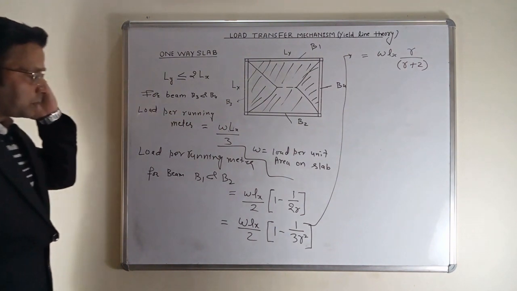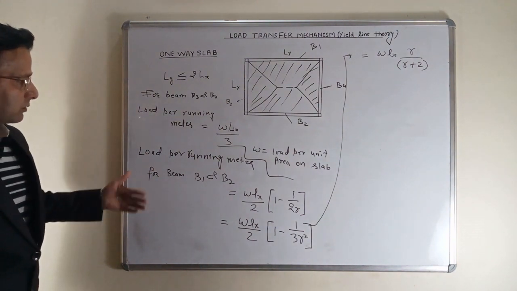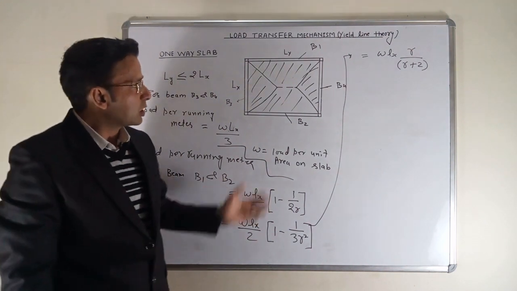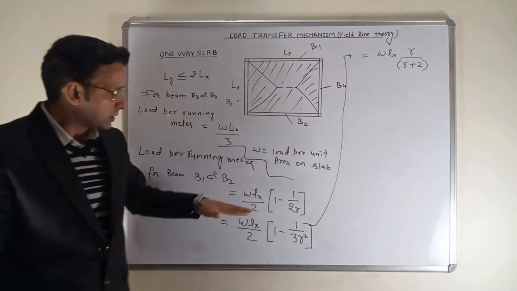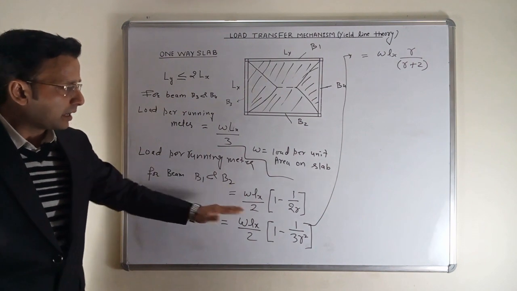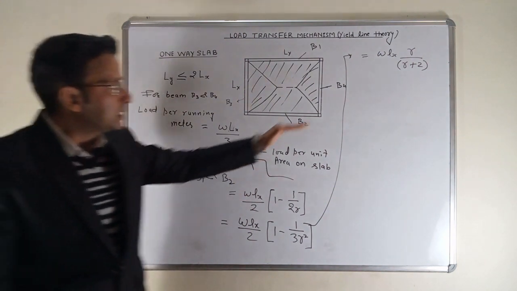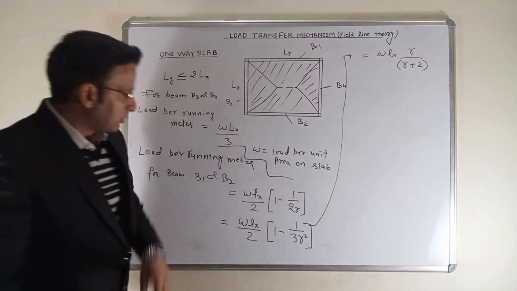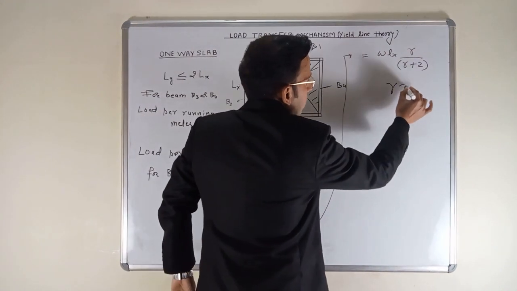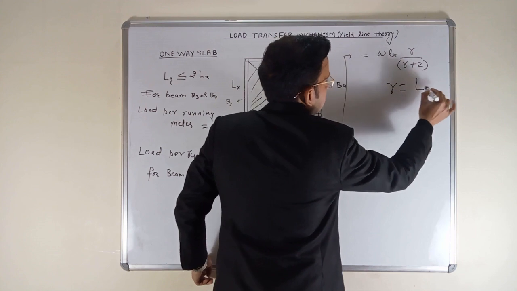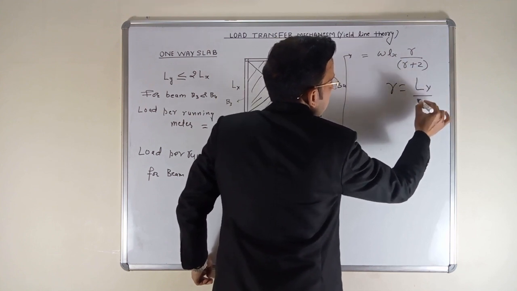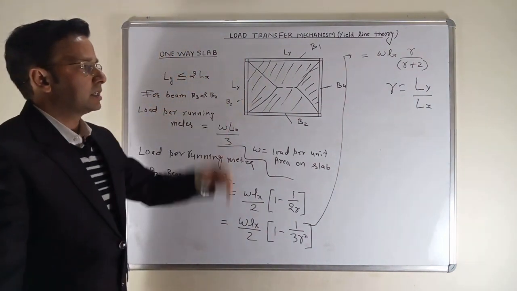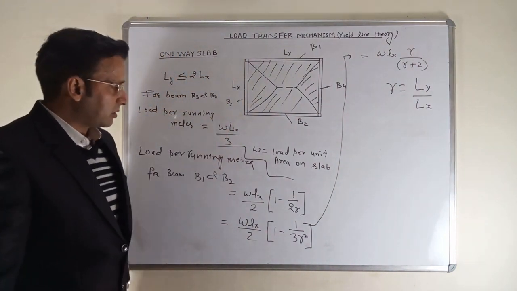To note it down, for the load per running meter on beams B1 and B2, different writers mentioned different formulae to calculate the load. You can use any one of these formulae, where R is equal to larger dimension upon shorter dimension. R is the ratio of larger dimension and shorter dimension.